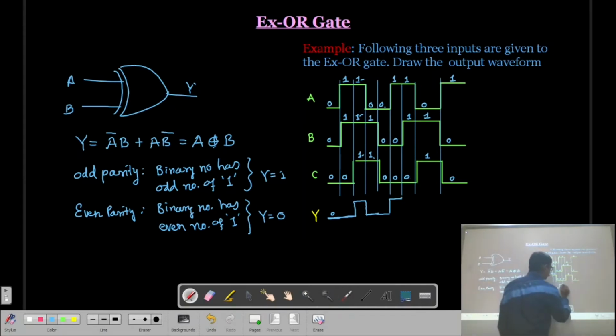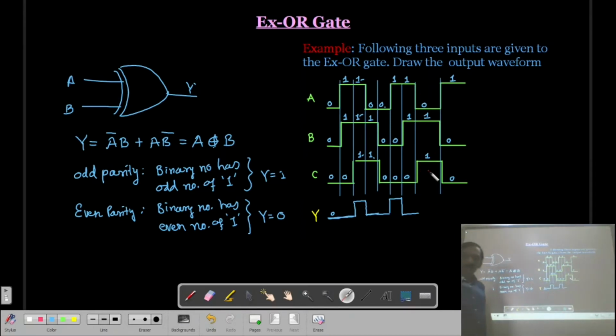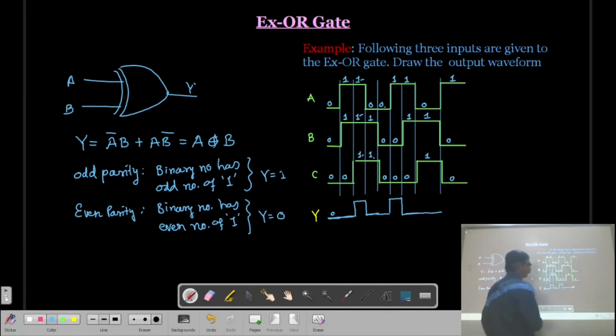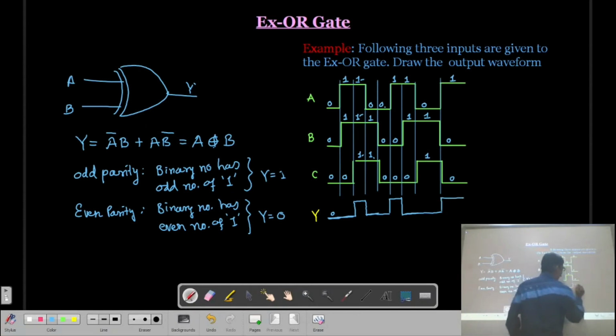So output will go to 0. Then again in the next one, 1, 1, 0. Here these are with the even parity, so this will remain at 0. And here the last one is 1, 0 and 0. So this input is with an odd parity. So output will go to the high level.